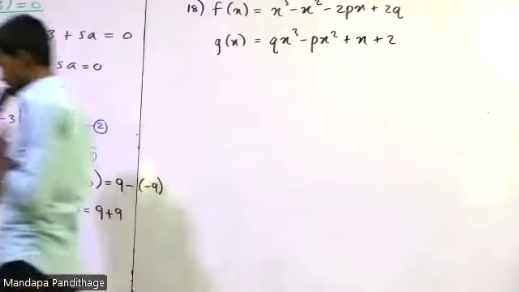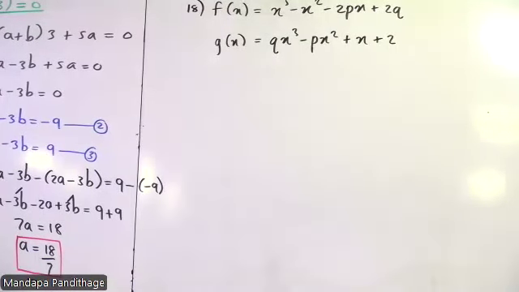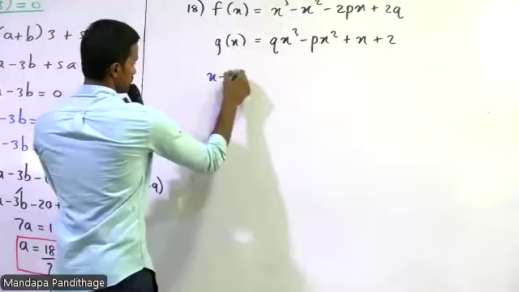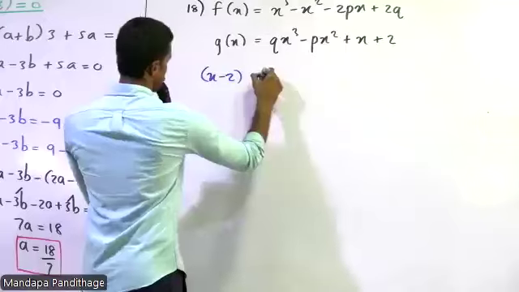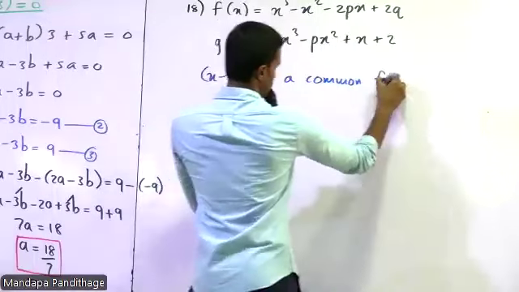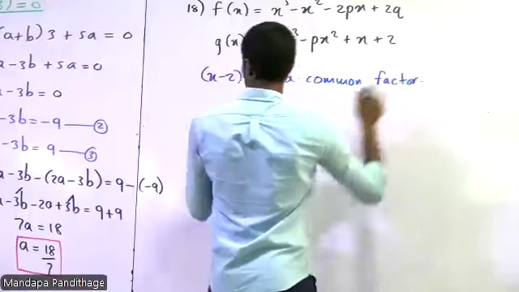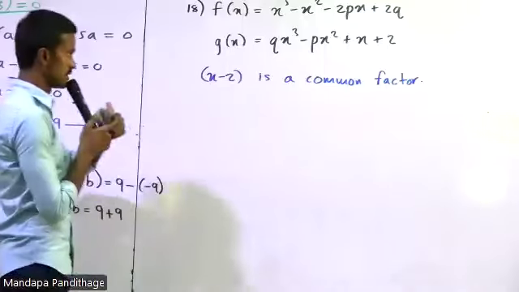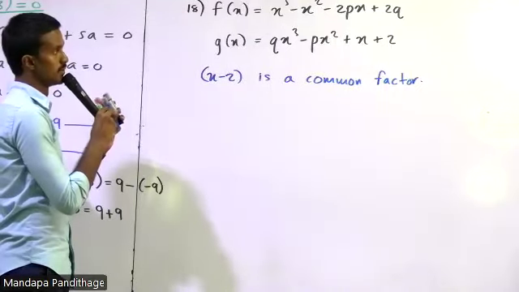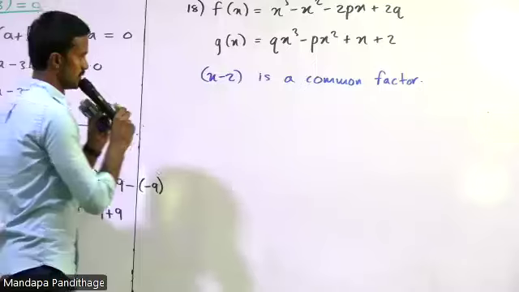So what is the common factor here? x minus 2 is the common factor. So when x minus 2 is a common factor, then I have two equations: f(2) is equal to 0 and g(2) is equal to 0.